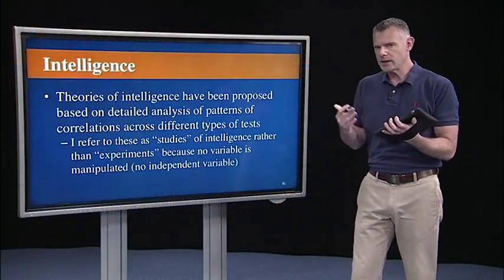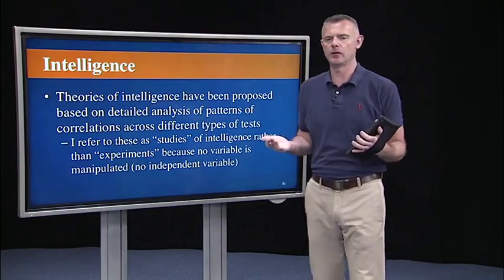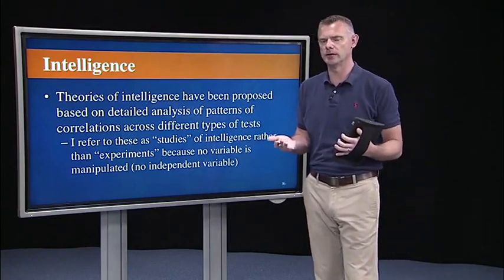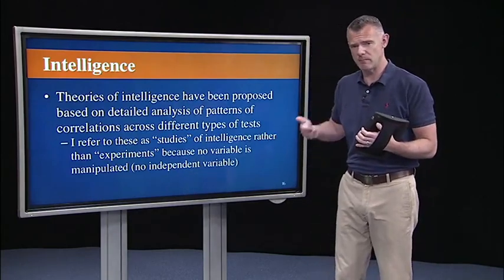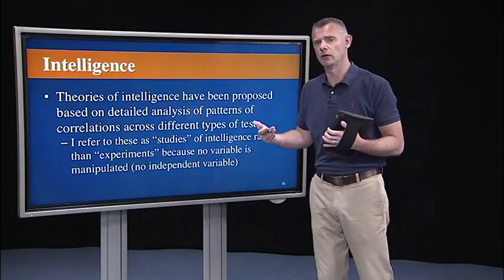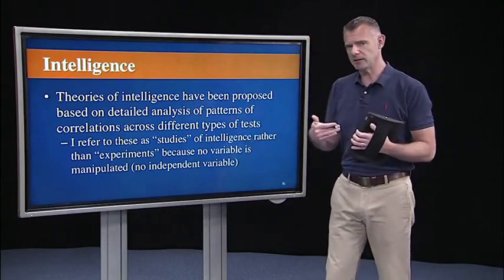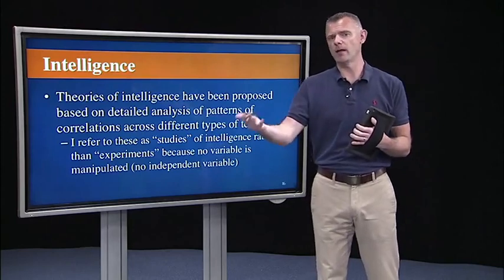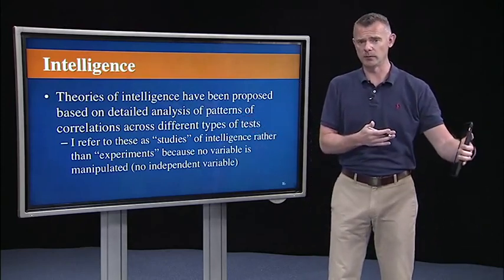Now, what type of research supports that idea, or supports even the idea that there is such a thing as a general intelligence? Well, over 100 years of research that mainly employs correlational research methods supports that idea. So basically the idea that if you score well in one type of subject in school, you're going to score well on another type of subject.